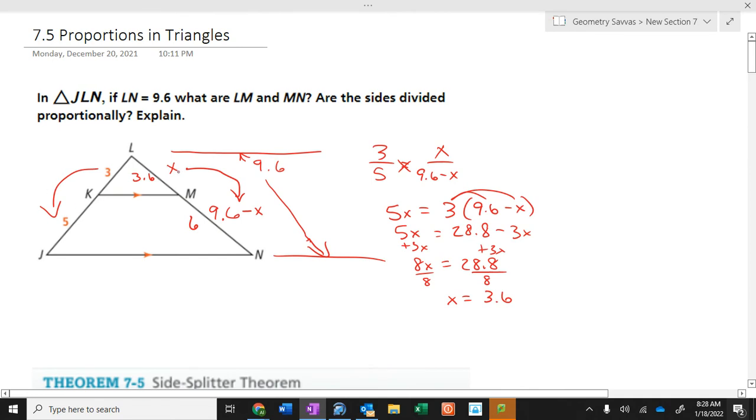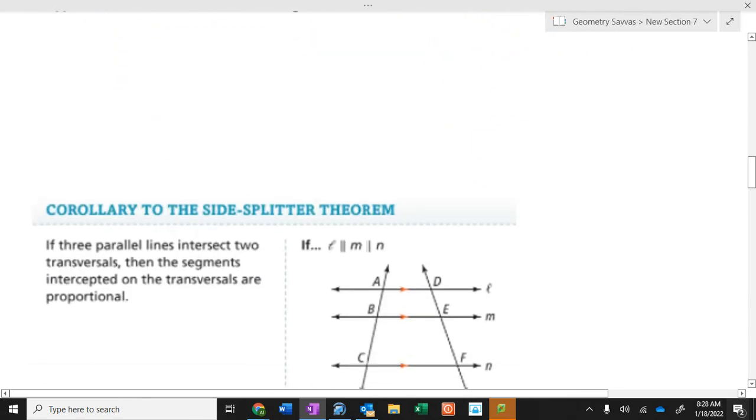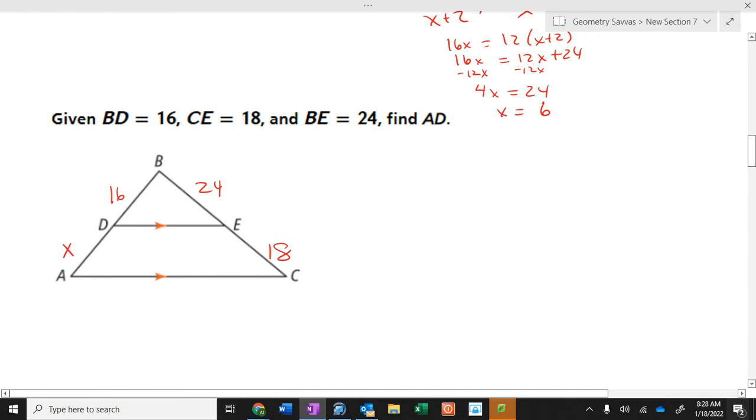I put 3 over 5, x over 9.6 minus x. So what will we do here? Give me the numbers. What over what? Yep, there you go.